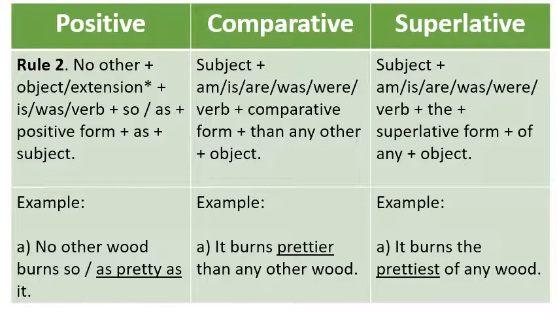When you convert it into superlative degree, the structure will be subject plus is, are, was, were plus the plus superlative degree form plus of any plus object. So the sentence will be, it burns the prettiest of any wood. So by following the structures, you have to transform the sentences as per degrees of comparison.